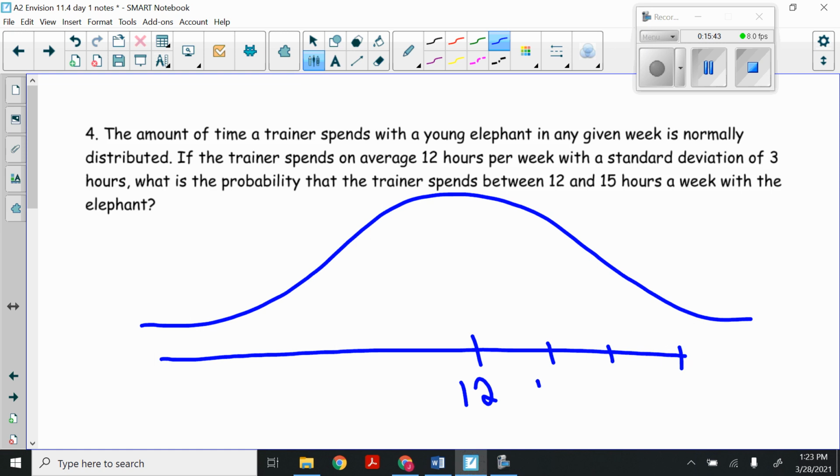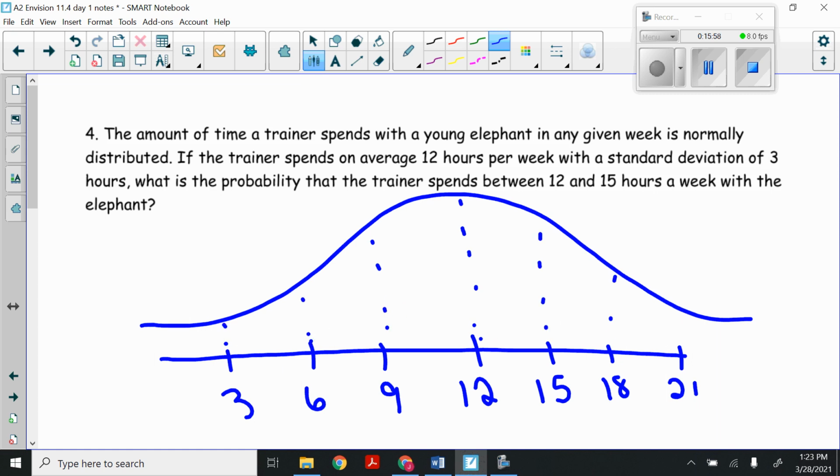So I'm going to add 3 each time. So 15, 18, 21. And then I'm going to subtract 3. So 9, 6, and 3. There's my middle. Again, I know these were 34 and 34, and so on and so on.